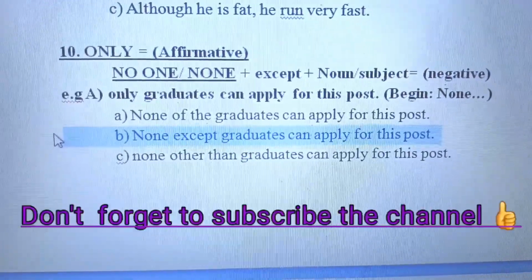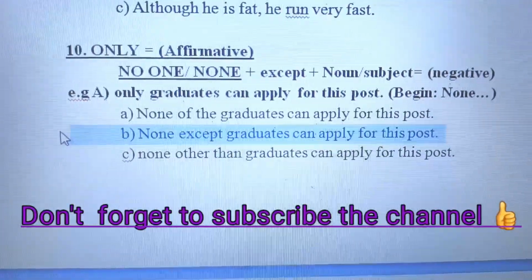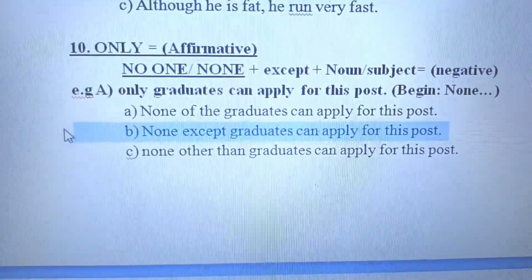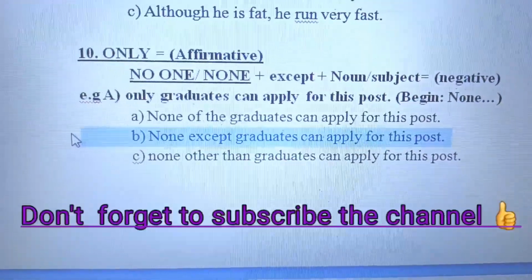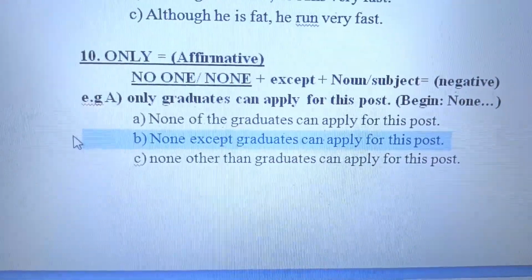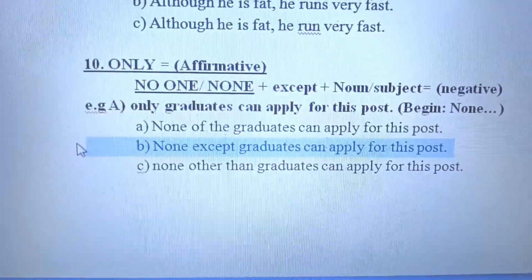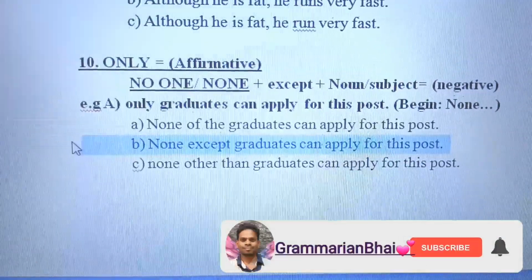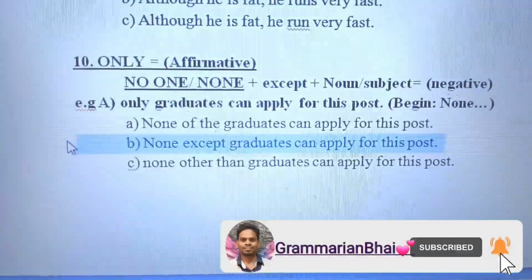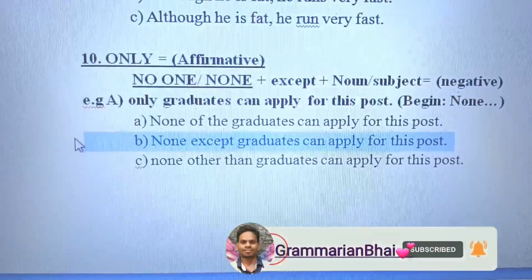So here none is used, then except also is there, then the graduates as the noun subject can apply for this post. So option B is correct. So this way you can find out the clue and you can guess the correct MCQs and get good marks.